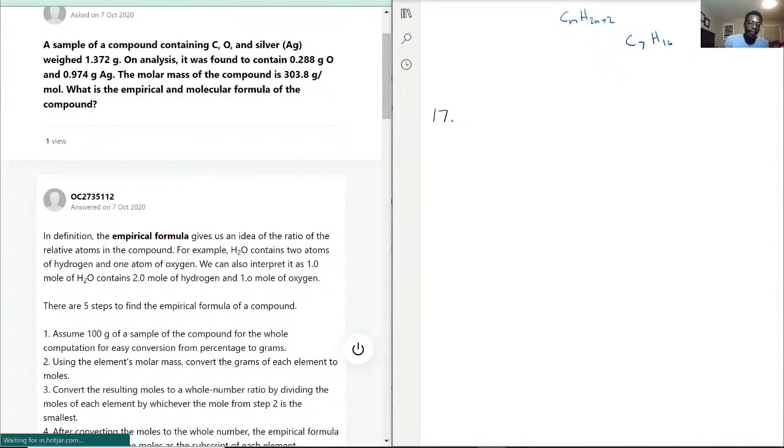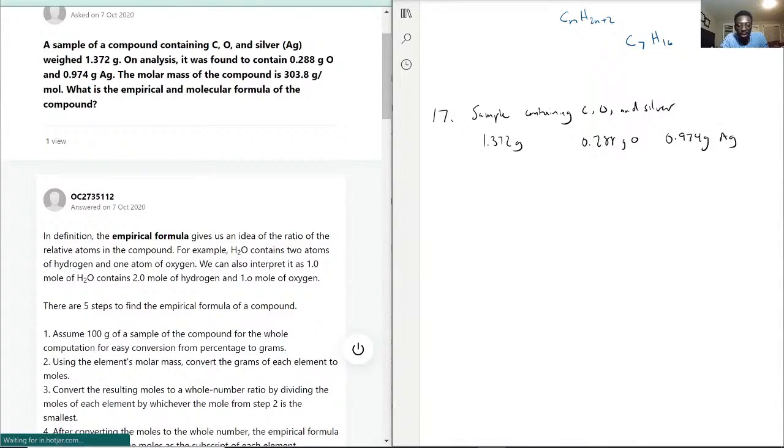Okay. A sample of a compound containing C, O, and silver weighed 1.372 grams. On analysis, it was found to contain 0.288 grams of oxygen and 0.974 grams of Ag.